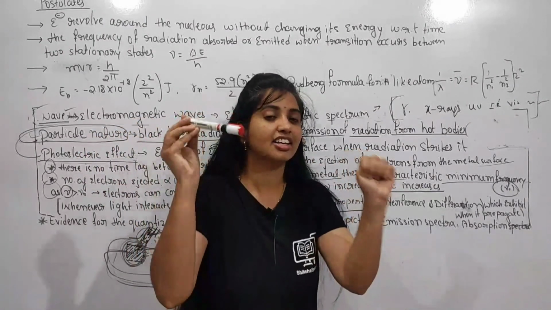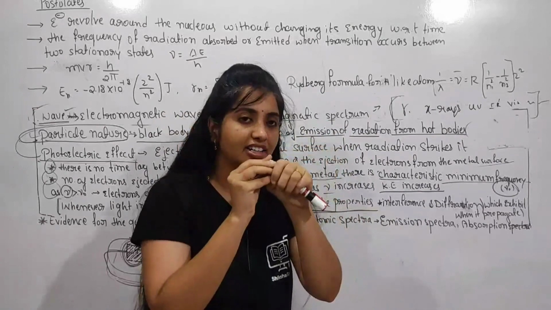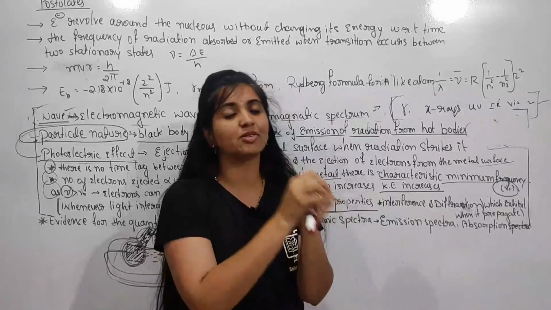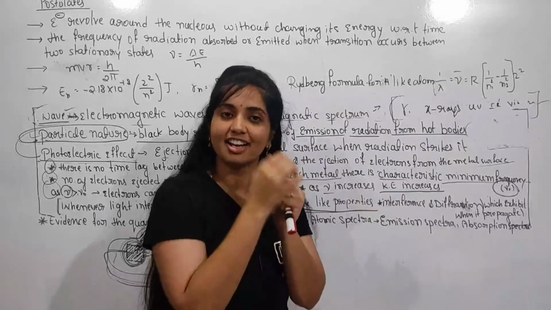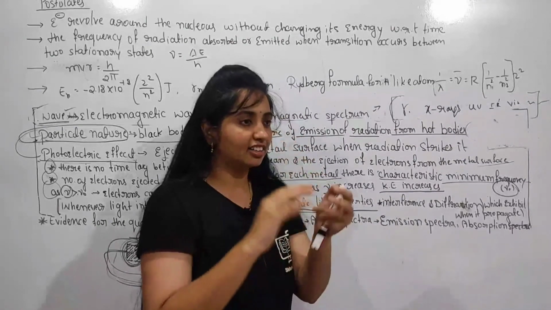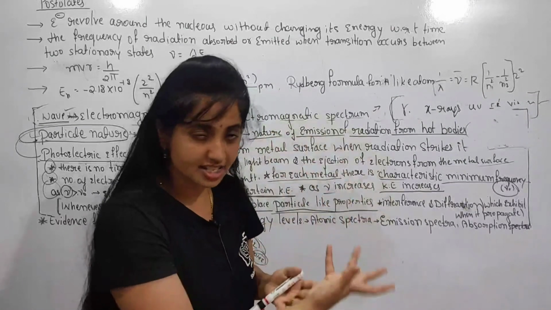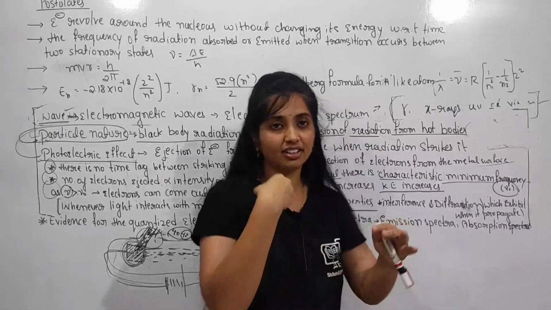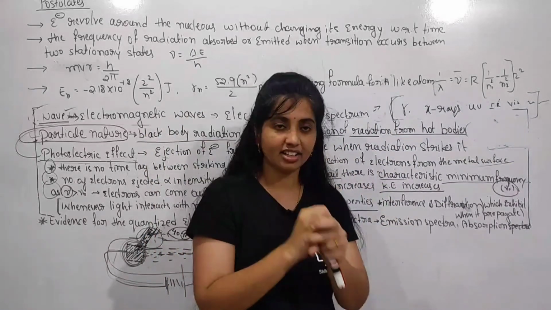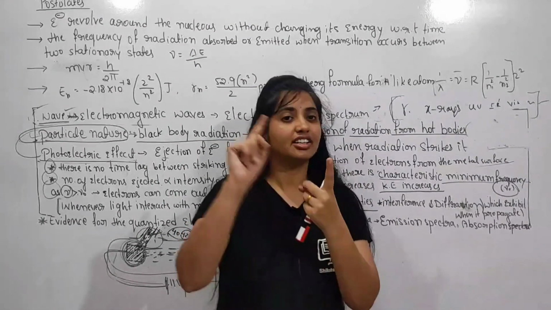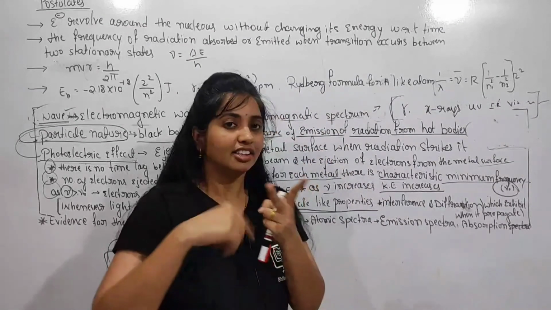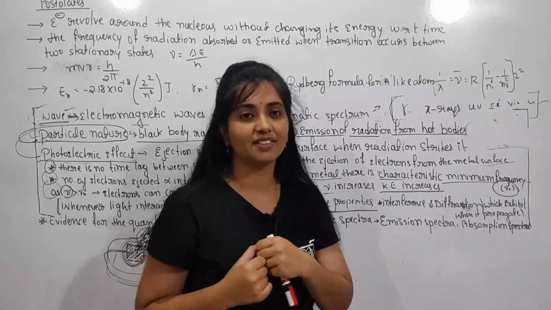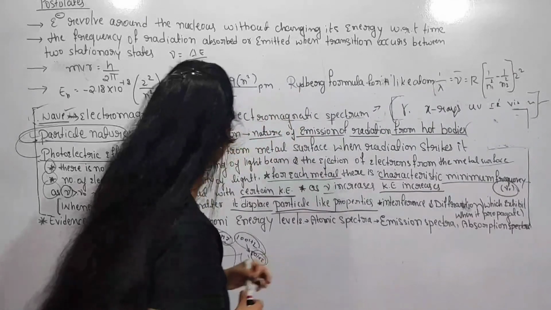When the light interacts with this matter, then the electromagnetic radiation behaves as a particle. When the emission of a radiation takes place, when the absorption of a radiation takes place, when the light interacts with matter, in that emission and absorption, the electromagnetic radiation behaves as a particle.